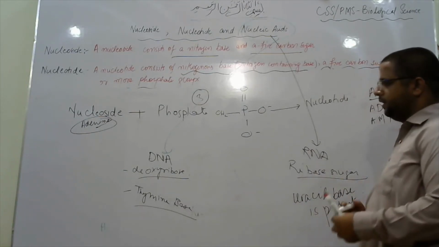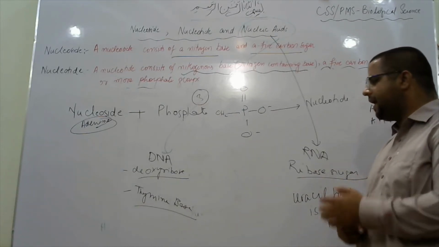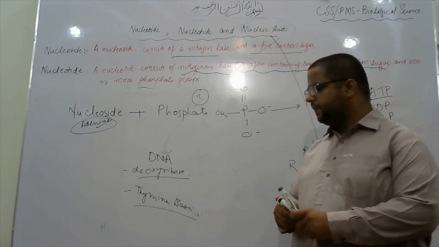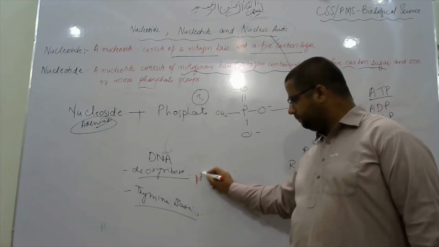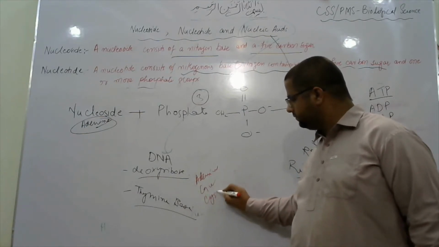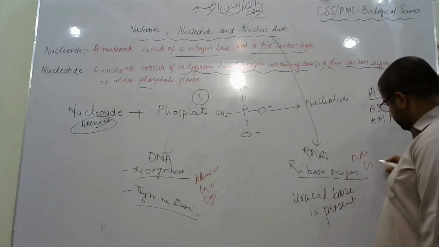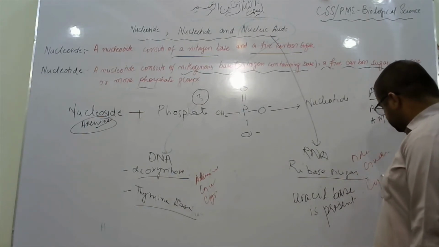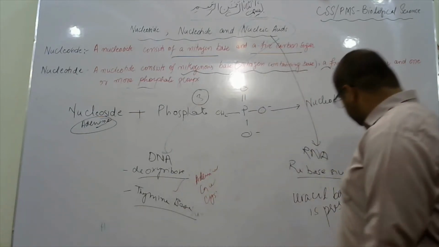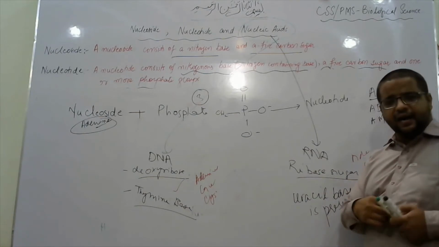So DNA has adenine, guanine, cytosine, and thymine. RNA has adenine, guanine, and cytosine, but in place of thymine it has uracil. These are the two major differences between DNA and RNA.